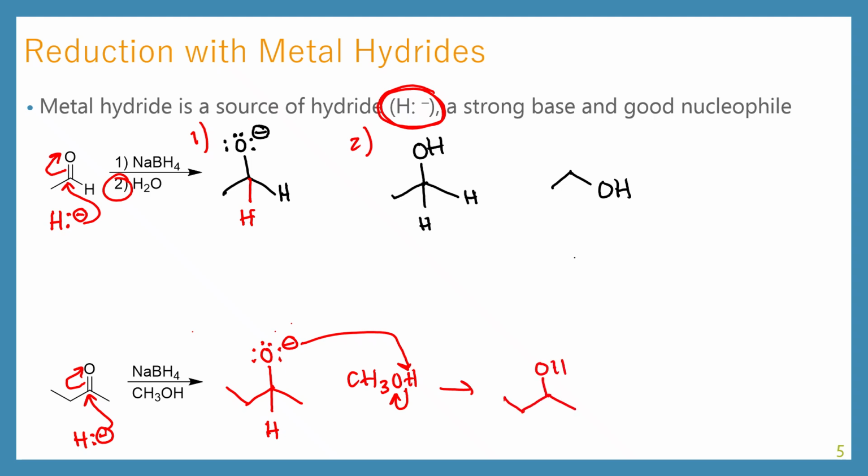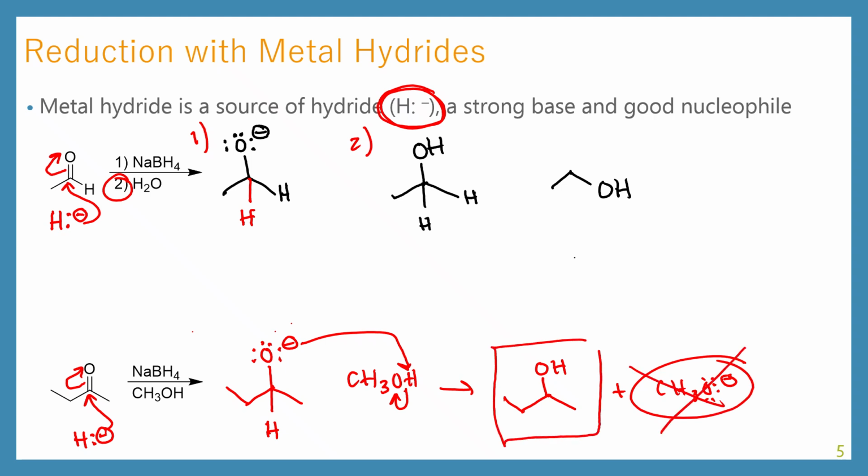And I end up with my secondary alcohol. That hydride is still there. We just don't really have to write it. It's just a hydrogen on that carbon now. And then we would also have methoxide. This is just a byproduct, though. It's not really something I need you to provide. What we're interested in is the reduction that we did to our ketone. And that's it for reduction with metal hydrides for now.